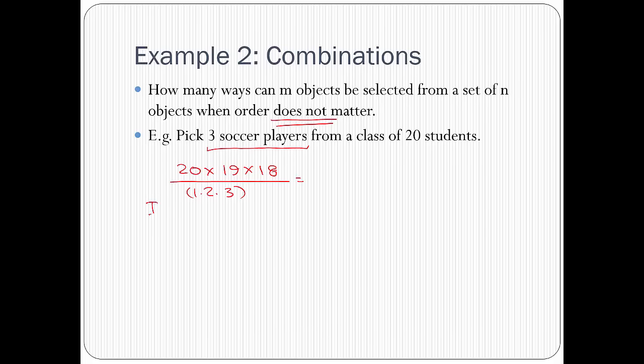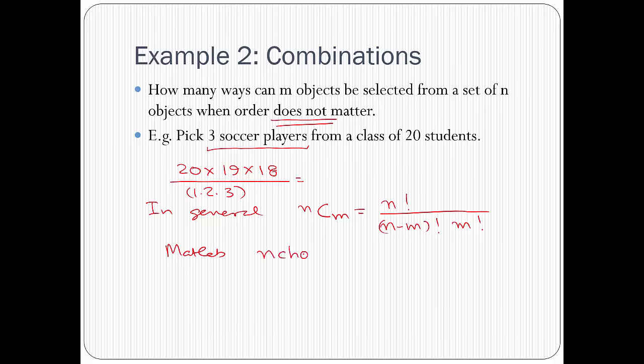So in general, we will represent this as n combination m, and that will be written as n factorial over n minus m factorial, divided by m factorial. In MATLAB there is a simple function to do this.